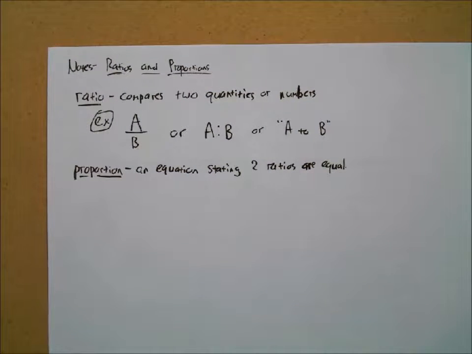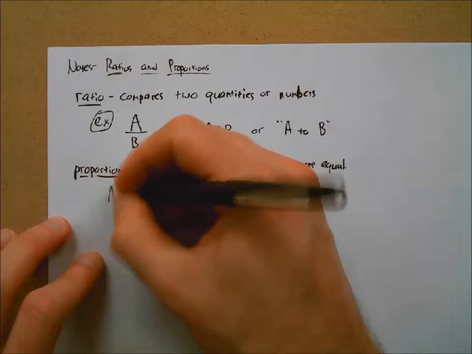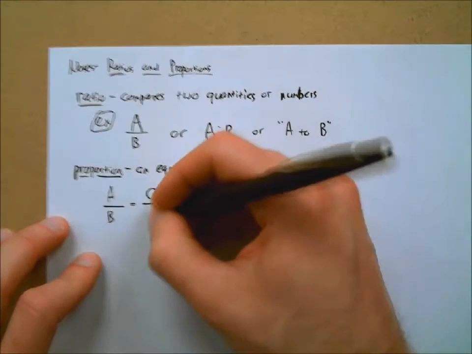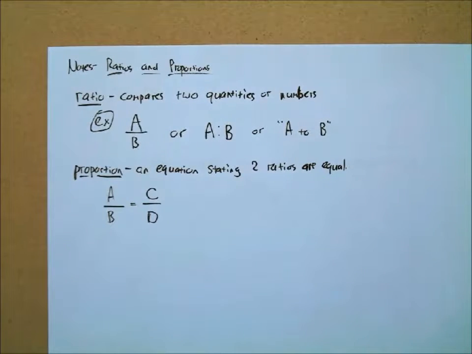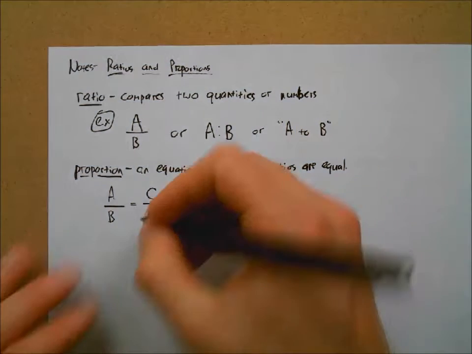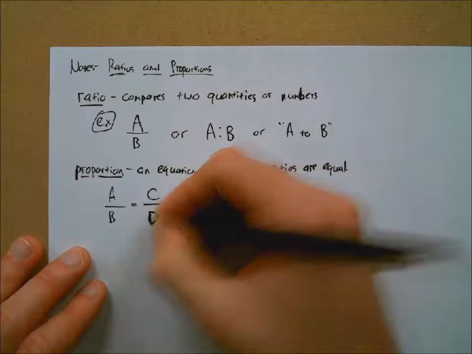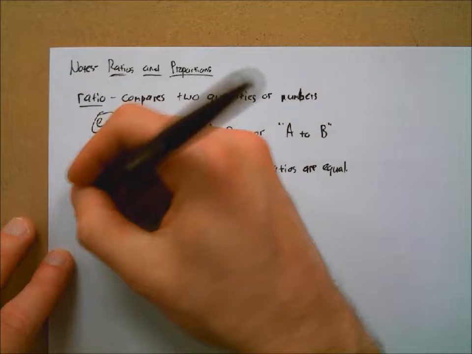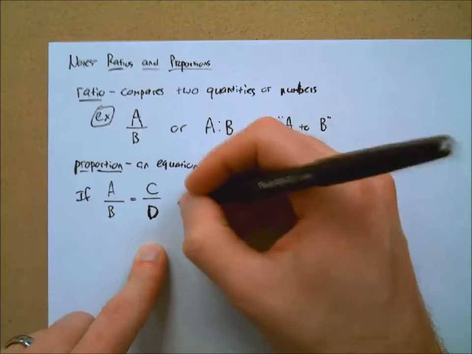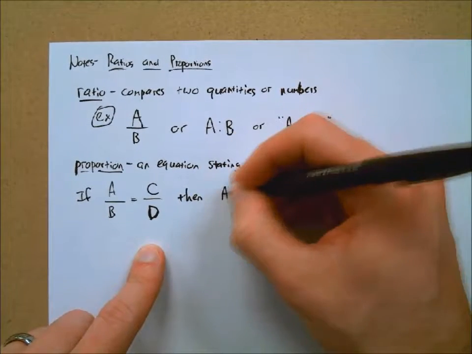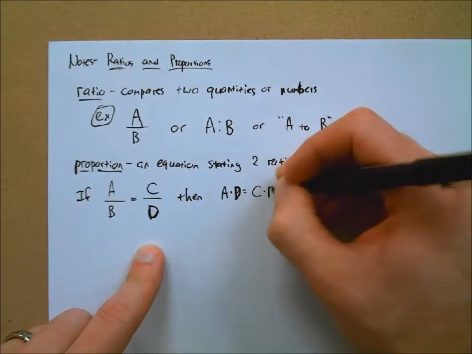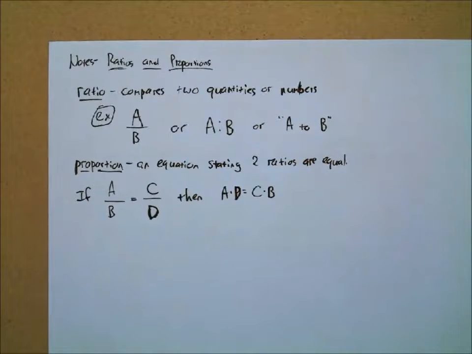So for example, A over B equals C over D. Of course, if A over B equals C over D, then by cross multiplication, A times D equals C times B. And that's the cross multiplication there.